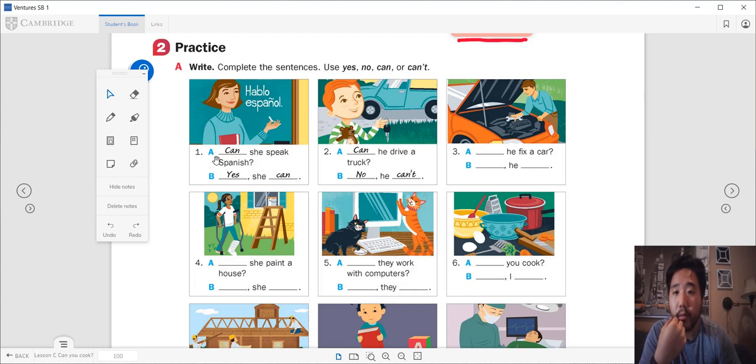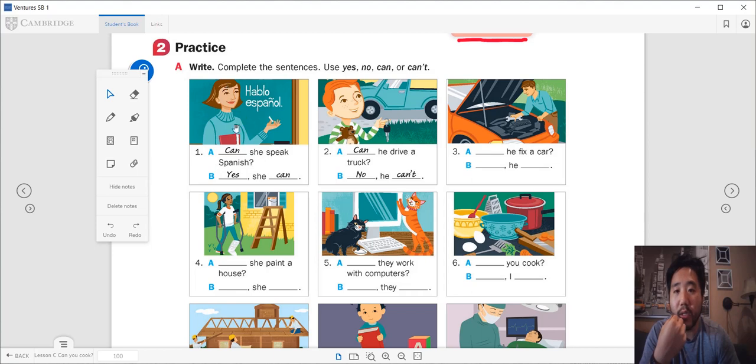Now let's go back to the statement or questions. Number 1, can she speak Spanish? Also, these words are Spanish. So it says, can she speak Spanish? Yes, she can. I believe that her occupation is a Spanish teacher, and that's why we ask. So based on the picture, we can ask, can she speak Spanish?